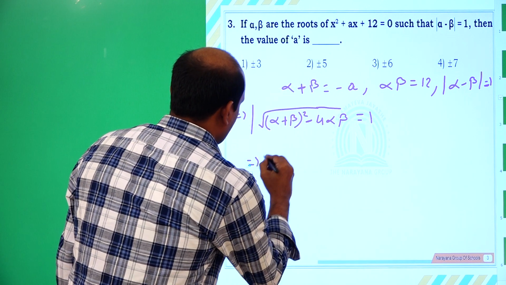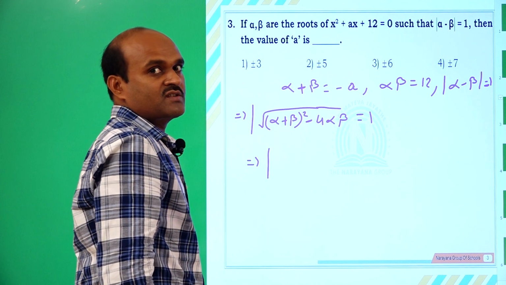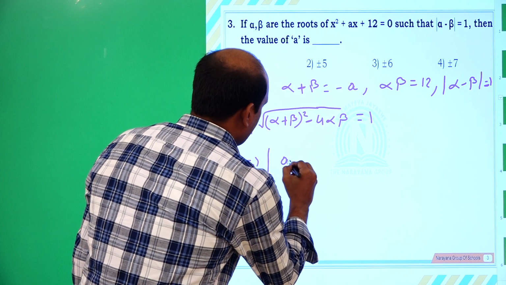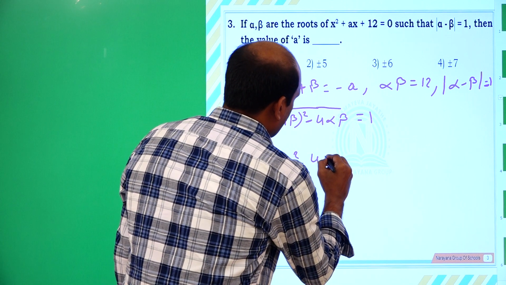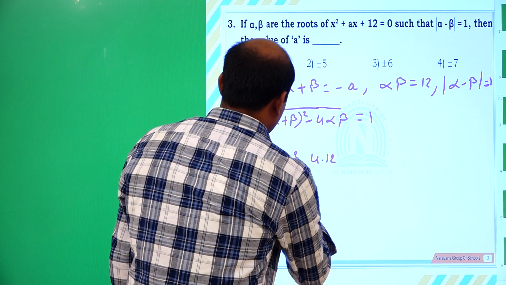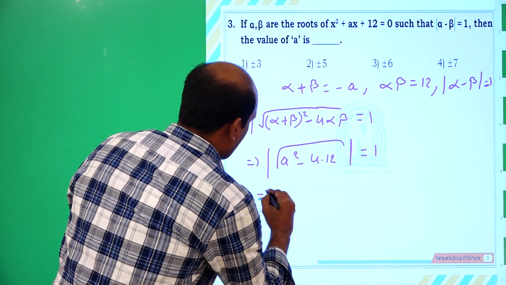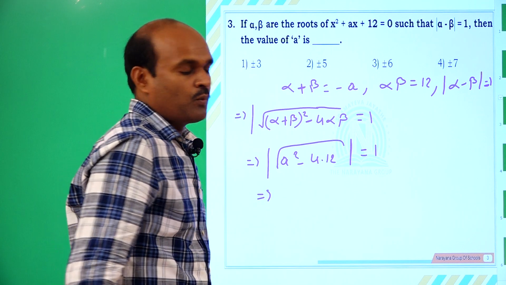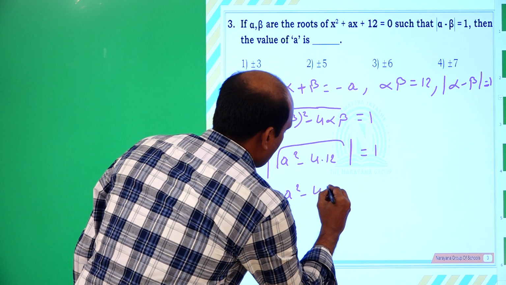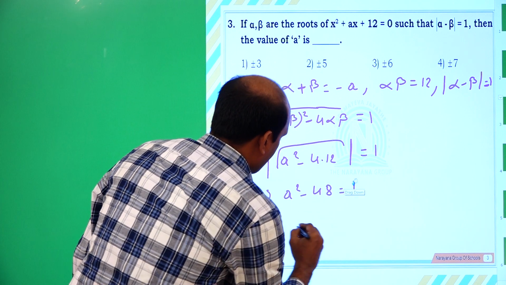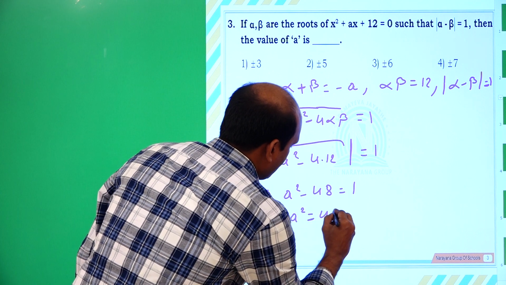That implies modulus of alpha plus beta value minus a whole square is equal to a square minus 4 into alpha beta value 12, 4 into 12 under root is equal to 1. Now squaring on both sides, so a square minus 48 is equal to 1. That implies a square is equal to 49.